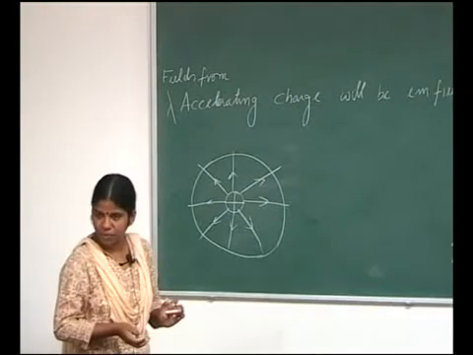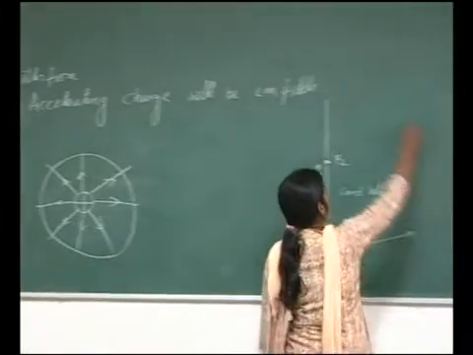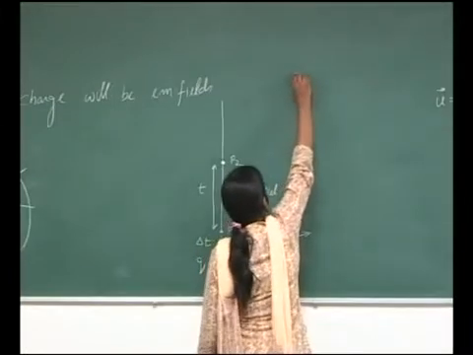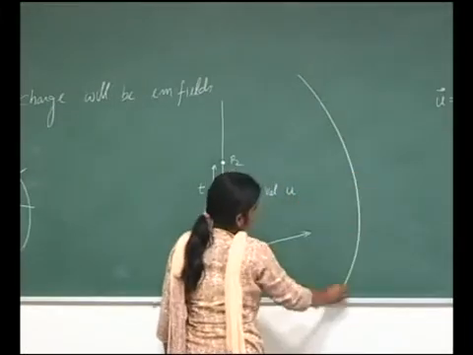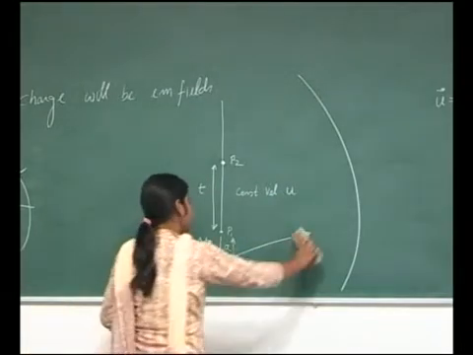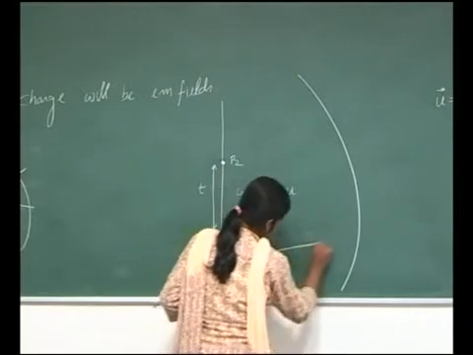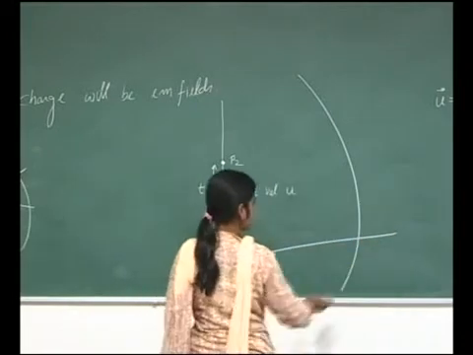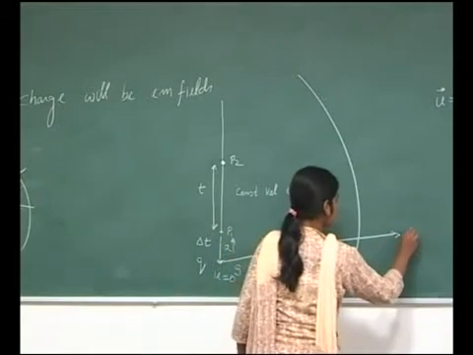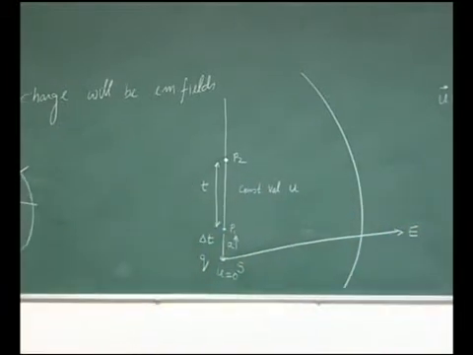Is it okay? So, I can have a sphere here, and the electric field would be radially outwards, coming out of the sphere.